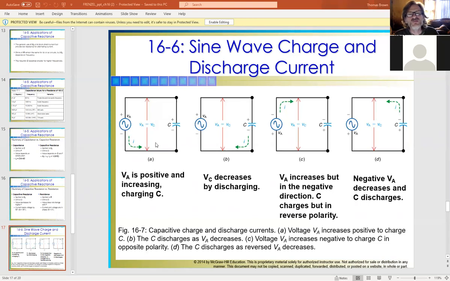If you look at this simple circuit, we have the energy source, in this case an AC signal, with one single capacitor and our full potential going across. On the one alternation, in this case, we have the negative alternation going on.